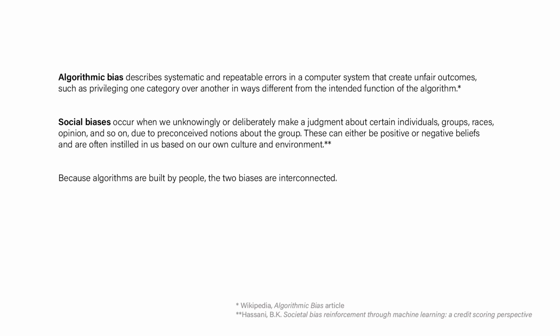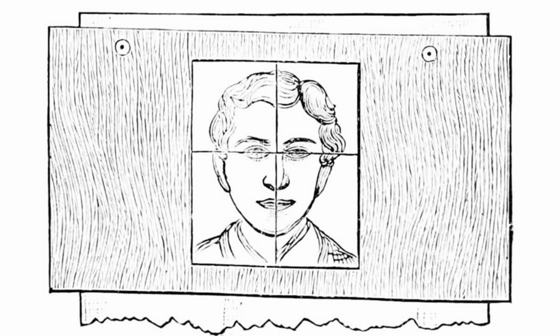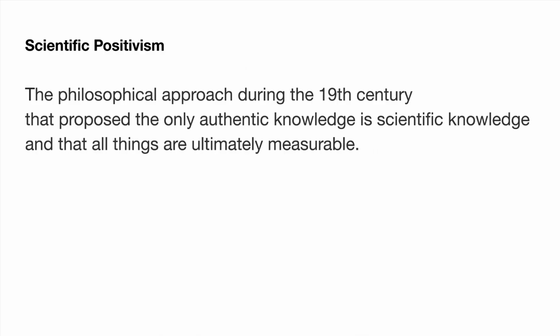We've already seen that the histories of these technologies often go further back than we ever might have imagined, and this story is no different. This one starts in 1877. At that time, there was a growing social belief in what we call scientific positivism, which J.H. Turner defines as a way of thinking, quote, that proposed the only authentic knowledge is scientific knowledge, and that all things are ultimately measurable.